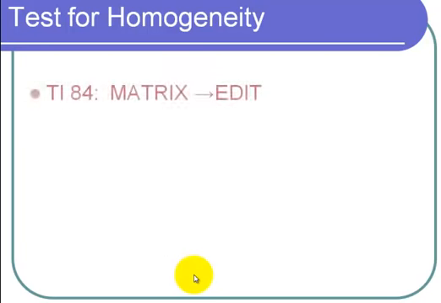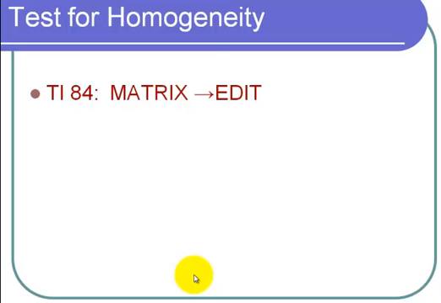For the calculator, it turns out that the way you use your calculator for homogeneity tests is exactly the same as the way you use it for an independence test. And this is where some of the confusion is. What you're testing is somewhat similar to goodness of fit in that you're testing about distributions, but it's different in that for goodness of fit, one you know, one you don't know.